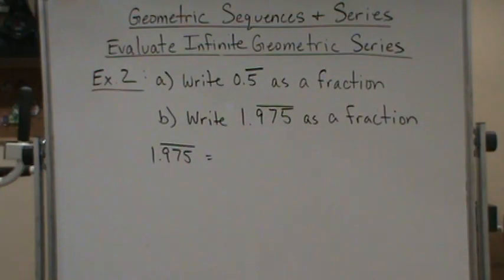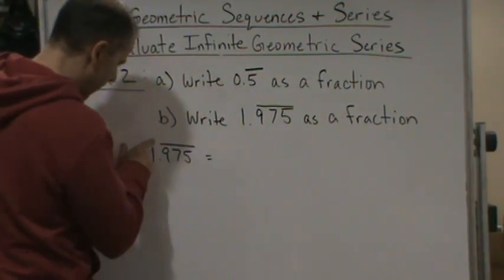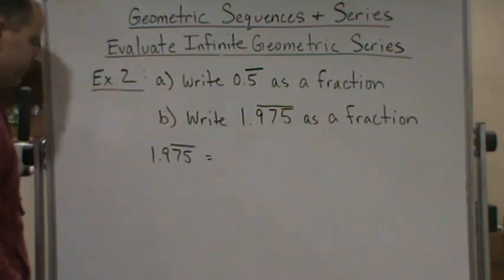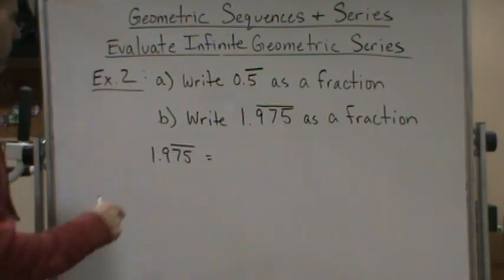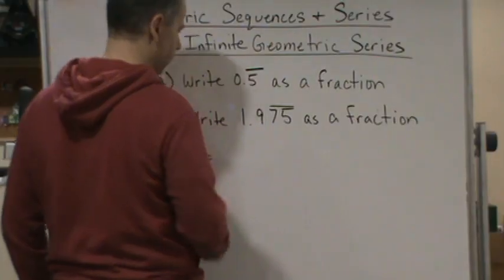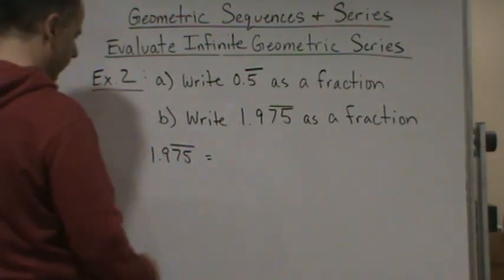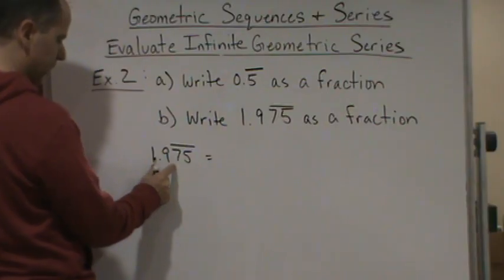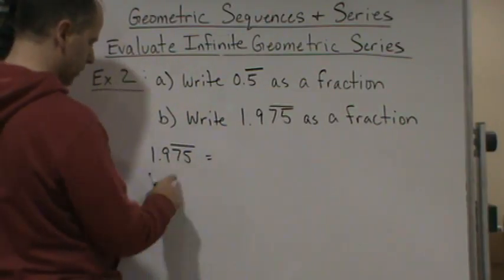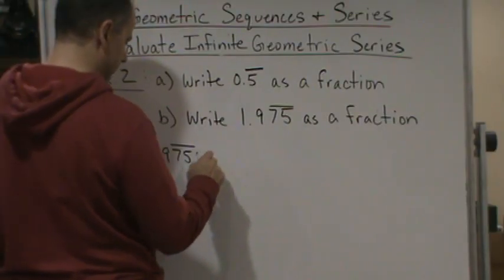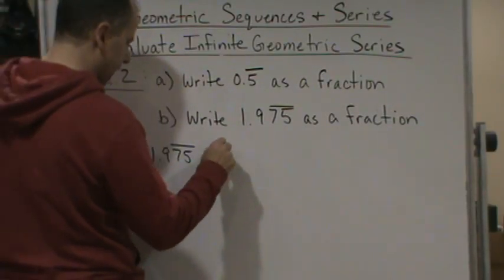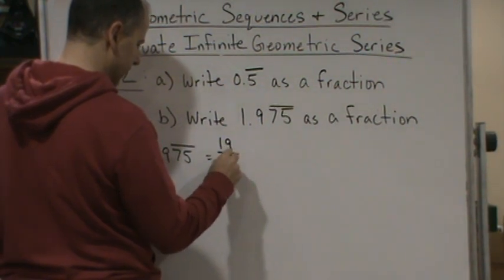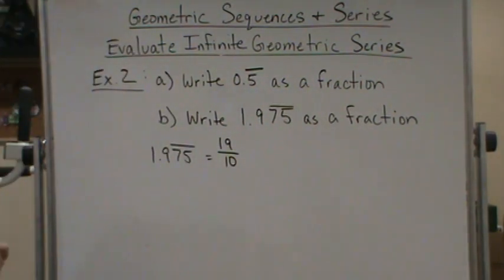Hold on, let me double check to make sure I have this right. So the 9 is not repeating. The 75 is just repeating. So in this case here, the 75 is the only part that's repeating, so we've got the 1.9. So let's do the 1.9 first, because that's not repeating. We could write that 1.9 as 19 divided by 10. So 19/10.